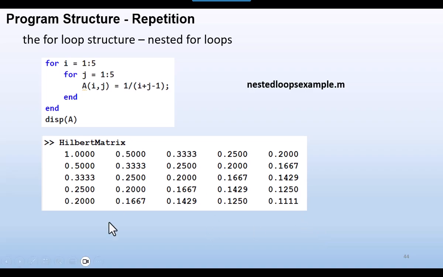And this shows the code for doing that. It happens that when I saved this, I saved it in a file called Hilbert matrix, but in our case it would be in this file here.